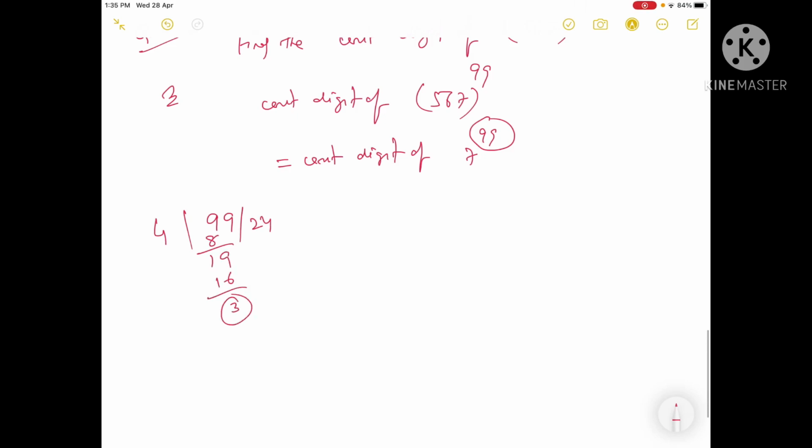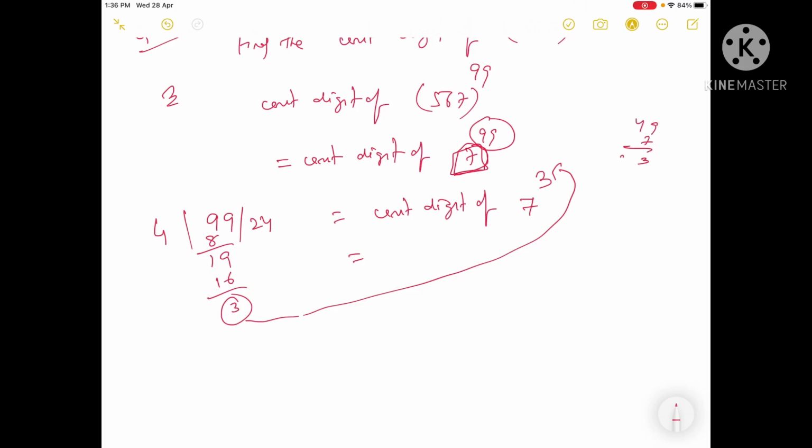The remainder is 3. Now the unit digit of 7 to the power 99 is the unit digit of 7 to the power 3. Whatever remainder you get will be the power of this digit. 7 to the power 3 means 49 into 7, which is 343. So the unit digit is 3, and 3 will be the answer.